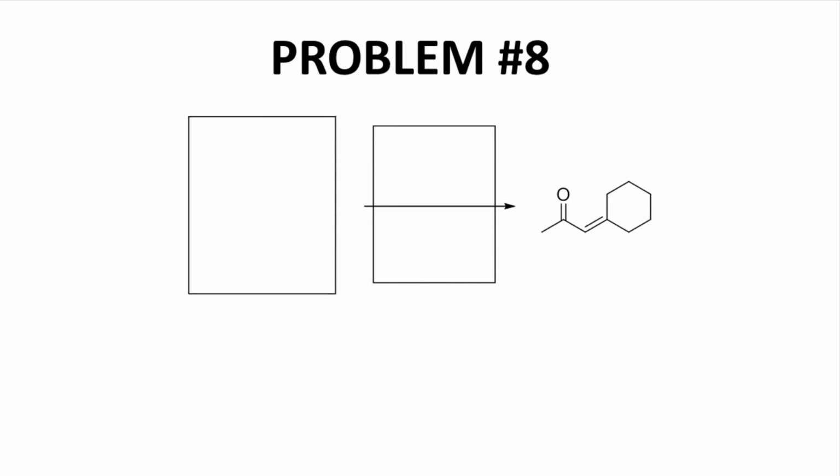So we're going to start the way we always do. We're going to look at our product. Our product is an alpha beta unsaturated ketone. So this is going to arise from overall an aldol condensation. So let's identify our ketone starting material.